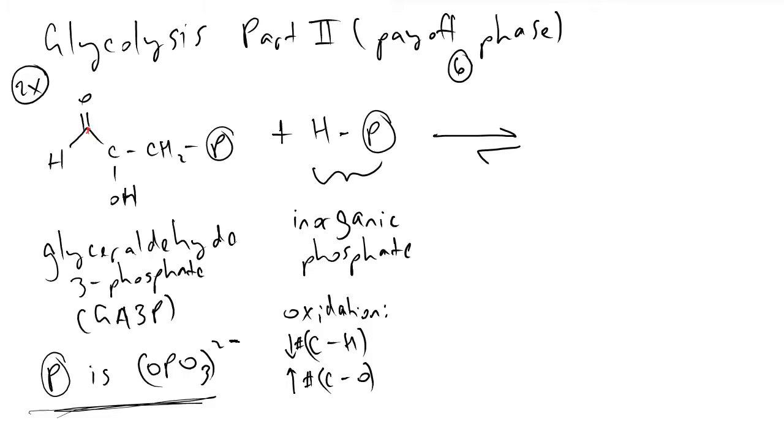So first off, what's going to happen is this carbon-hydrogen bond will be broken, so we're decreasing that. And then if we look at the molecule that is formed, which is called 1,3-bisphosphoglycerate, I would call it 1,3-BPG, we will also have an additional carbon-oxygen bond. So I will fully draw this out to illustrate this point.